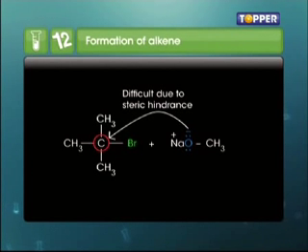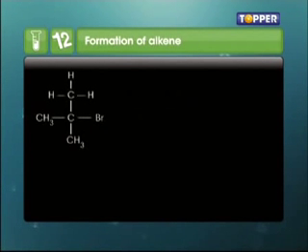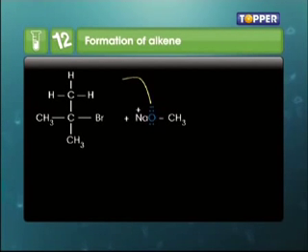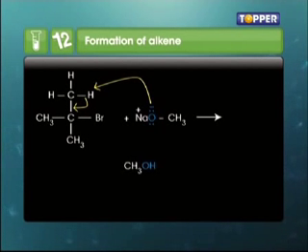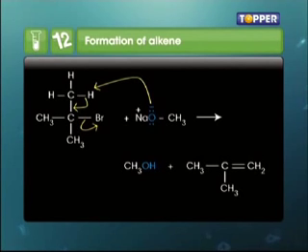So, alkoxide cannot act as nucleophile here. What happens instead is that the alkoxide ion accepts a proton, leading to an elimination reaction. The alkoxide ion acts as a base. The result of the reaction is an alkene.